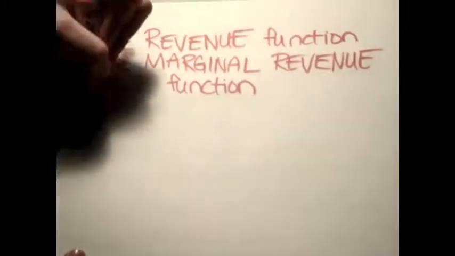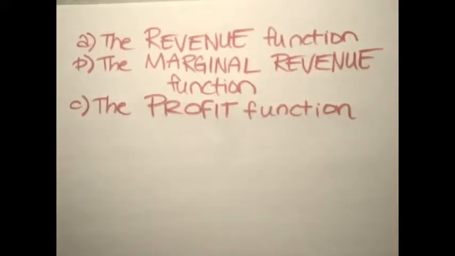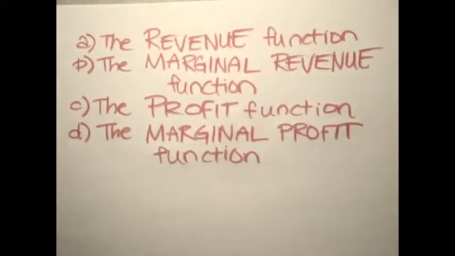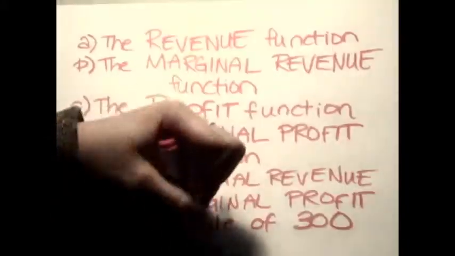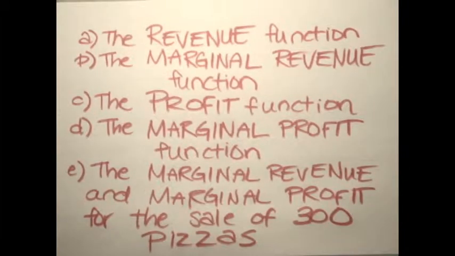Determine A, the revenue function, B, the marginal revenue function, C, the profit function, D, the marginal profit function, and E, the marginal revenue and marginal profit for the sale of 300 large combo pizzas.